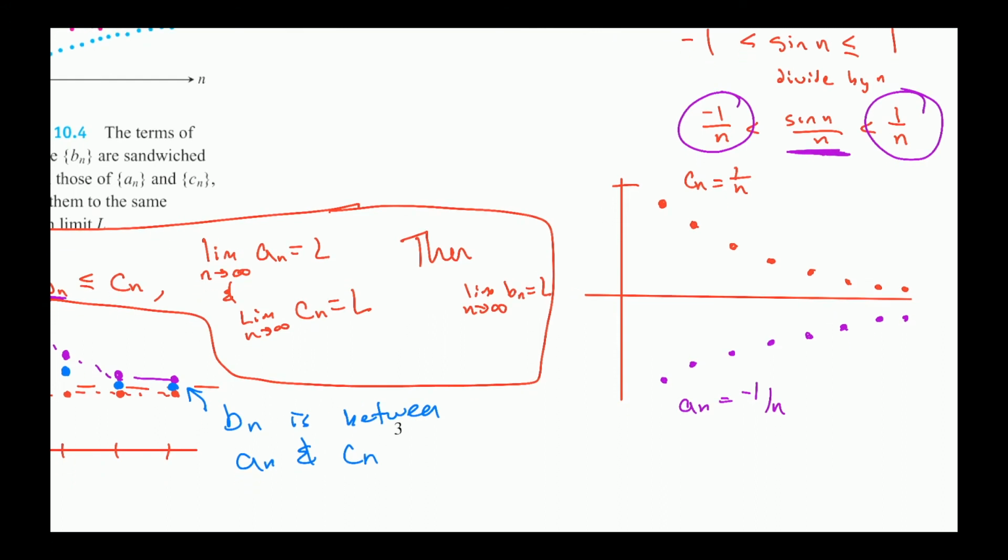But if you do sine n over n, then you get some number, and it's a sine, so that means sometimes it's below 0 and sometimes it's above 0. But eventually what happens is it's stuck between those other two curves. Sine n over n is in the middle. So the sandwich theorem applies to this example.